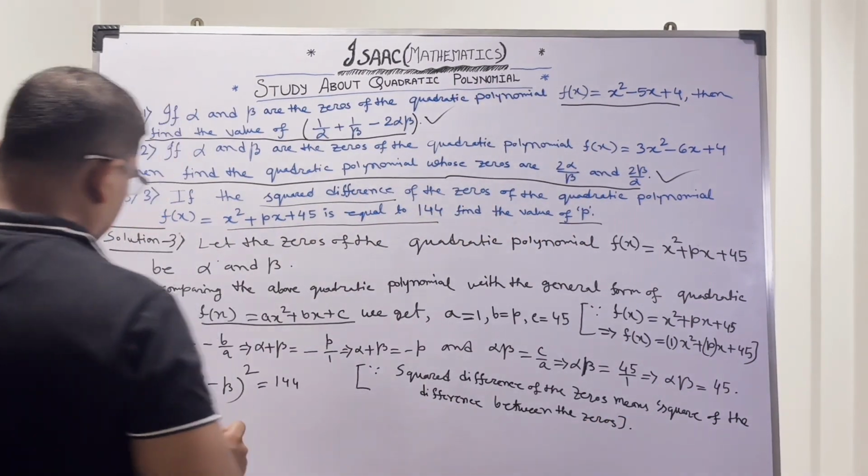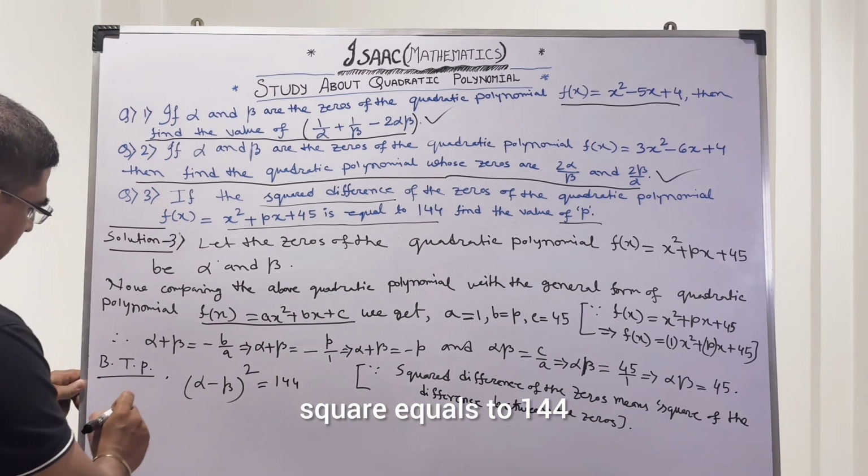Okay. So that is why we have alpha minus beta whole square equals 144.